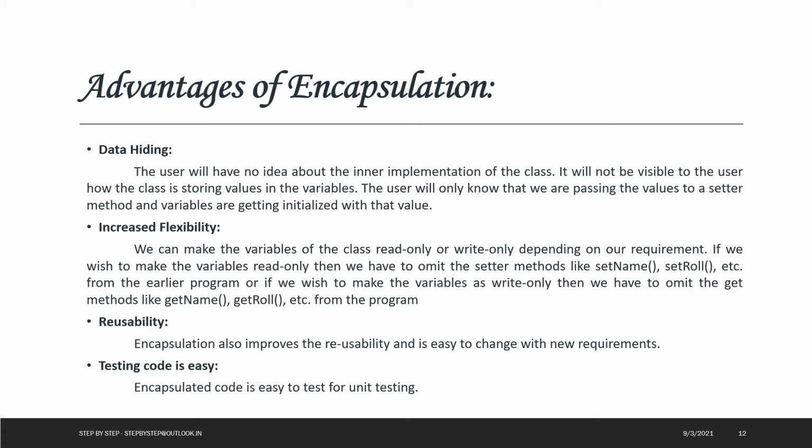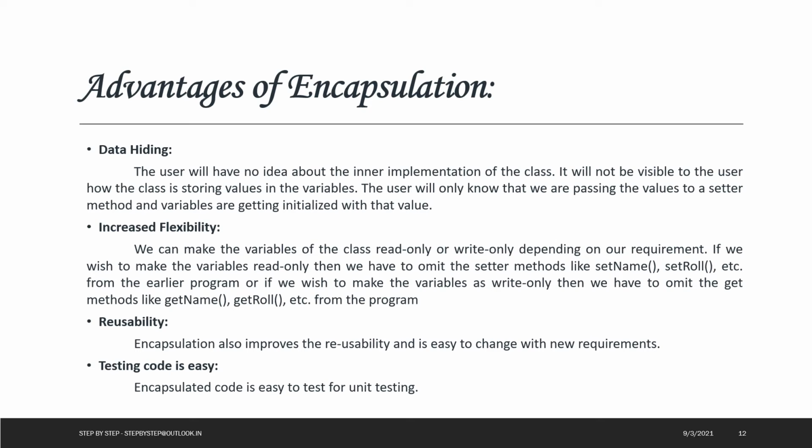Then, increased flexibility. We can make the variables of the class read only or write only depending on our requirement. If you wish to make the variables read only, then we have to omit the setter methods like set name and set role.